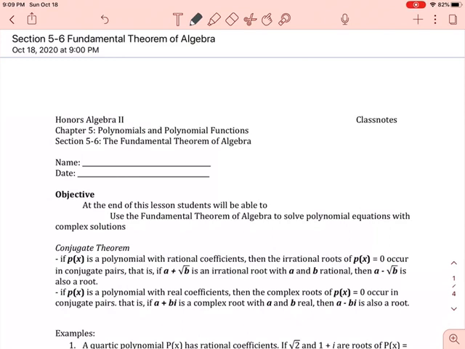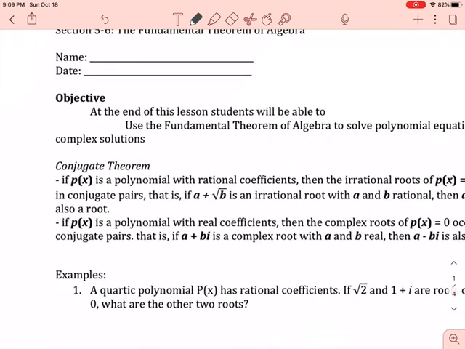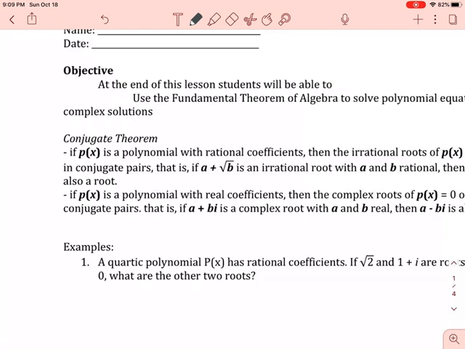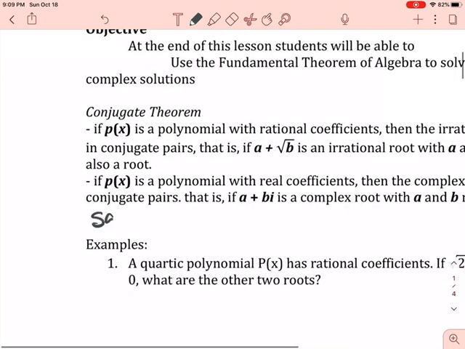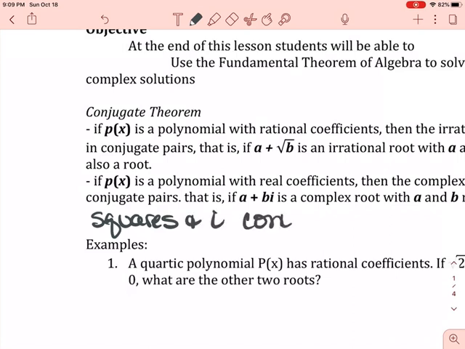It also says that if it has real coefficients, then the complex roots occur in conjugate pairs. That means if a plus bi is a complex root, then a minus bi is also a complex root. So what exactly does that mean? That basically means that square roots and i's come in pairs.